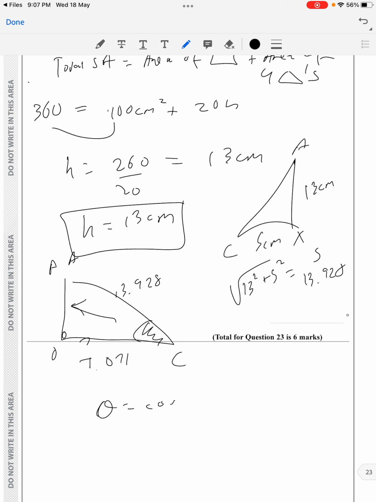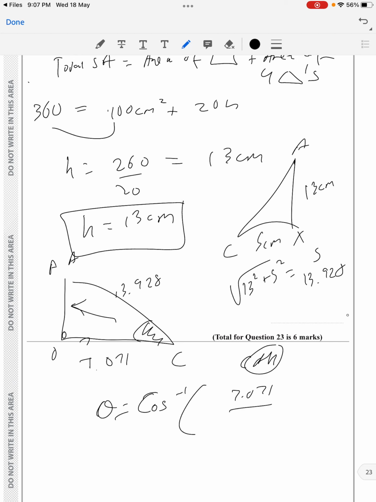This theta is equal to... tangent is the opposite divided... No, actually, since the hypotenuse and adjacent are given, you're going to use cos.